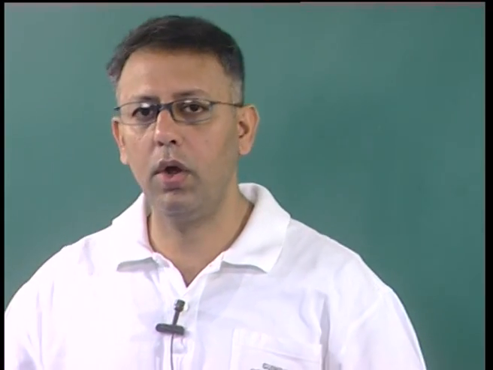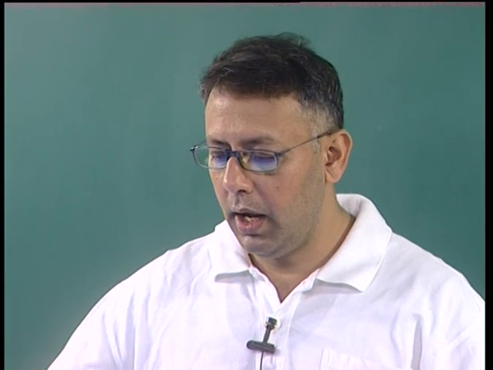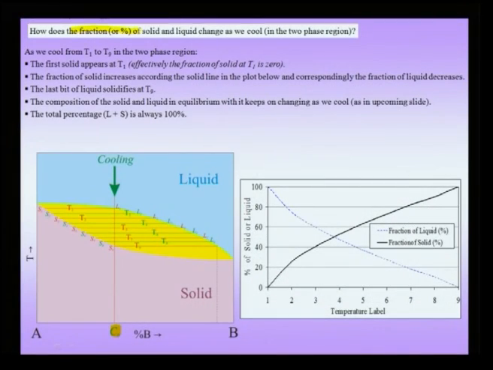So, I start with the alloy composition C0 and I slowly cool. That means I am at least maintaining some kind of equilibrium as I am cooling, and I ask this question: how does the fraction or percentage of solid and liquid change as we cool, especially in the two phase region, because in the single phase region the overall composition is the same as the composition of the phase present.